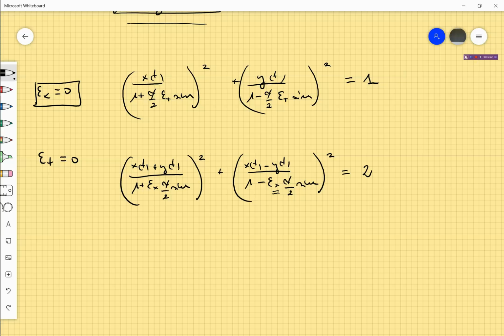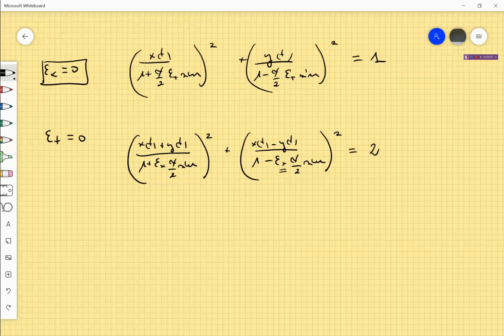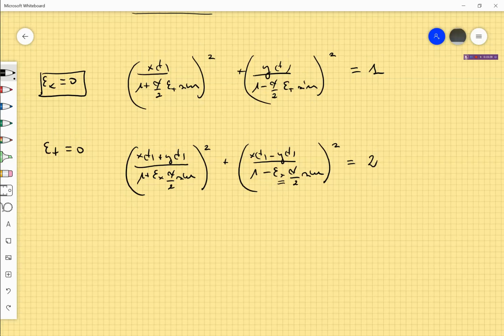Now they satisfy a slightly different equation. It's not just x squared plus y squared equal to 0, but x divided by something plus y divided by something equal to 1. This is an ellipse. And the same for this. So these are two ellipses.